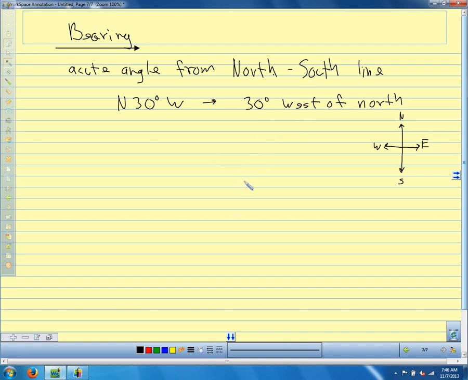So a bearing 30 degrees west of north would be this bearing here. So if I had something that said south 59 degrees east, this is 59 degrees east of south.